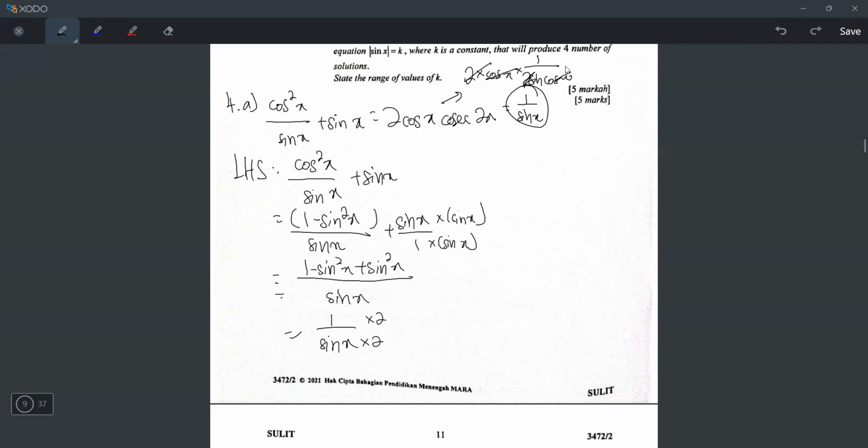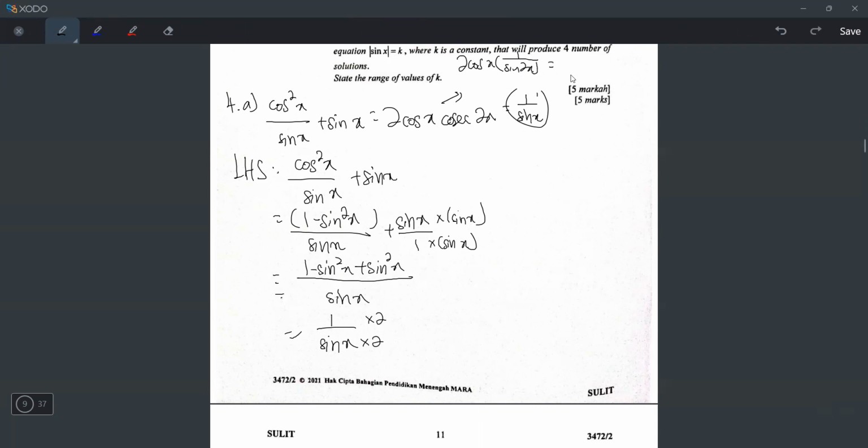Okay. But if I never write this, then I wouldn't know what to multiply by. Okay. That's why I always write this working. Why do I know I need to times 2? Because I know I need to change it into 2 over 2 sine x. Okay. Because look here. Because this thing is actually 2 cos x and then 1 over sine 2x, right?